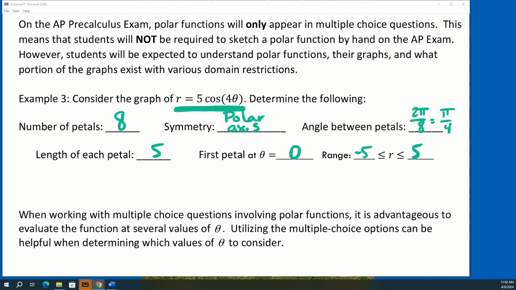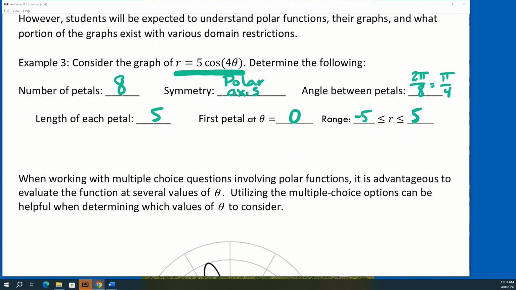All right, any questions on that? The only thing we hadn't talked about was the range of the r's, but it should be the positive and negative version of whatever this number is in the front.